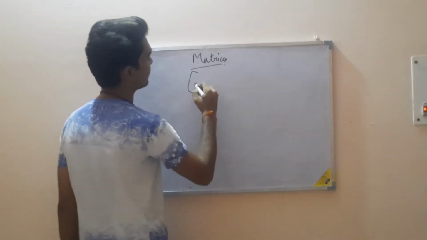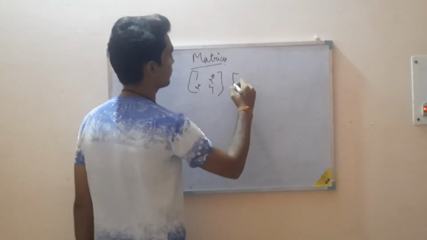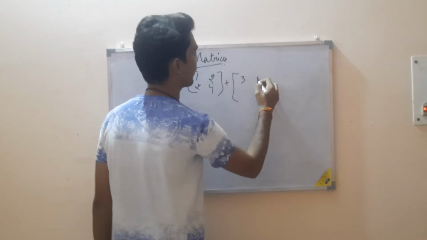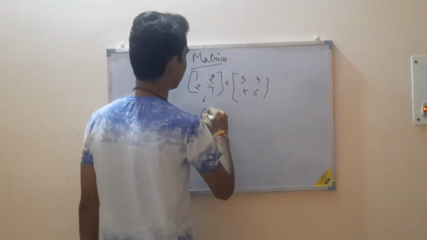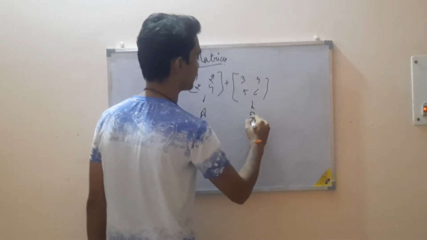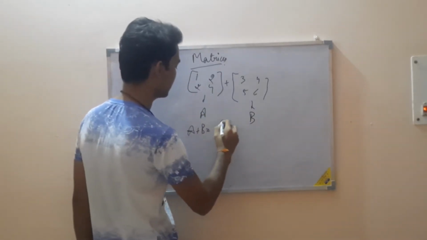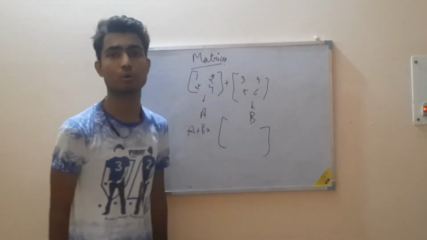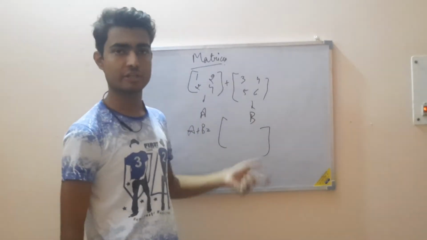Let's say you have a matrix 1 2 2 4, which is matrix A, and 3 4 5 6, which is matrix B. A plus B will be nothing but simply adding these values. We add entries corresponding to the same i and j.